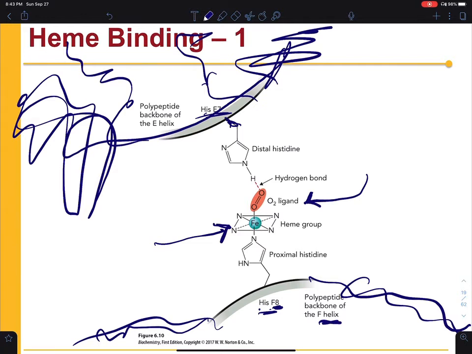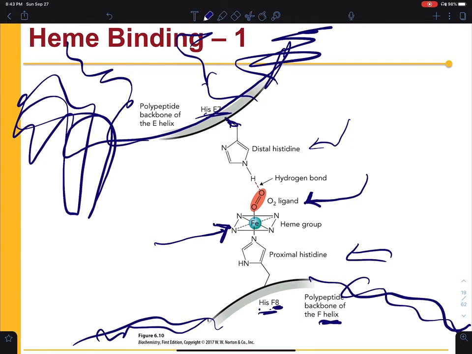We'll see these histidines are absolutely necessary for the function. If there is a mutation in the hemoglobin that replaces this histidine with some other amino acid, either the distal histidine or the proximal histidine, then you can no longer bind oxygen and you have a non-functional protein.